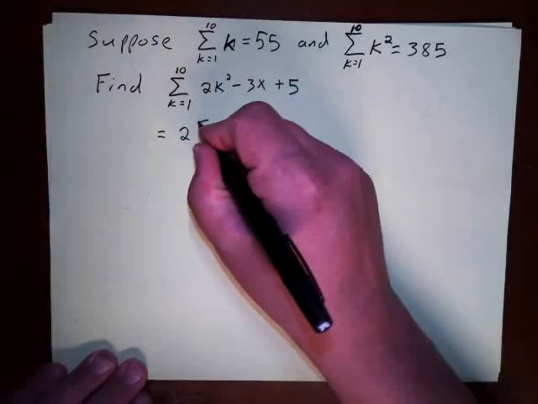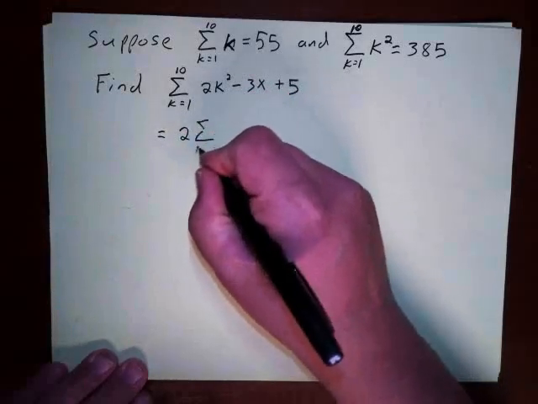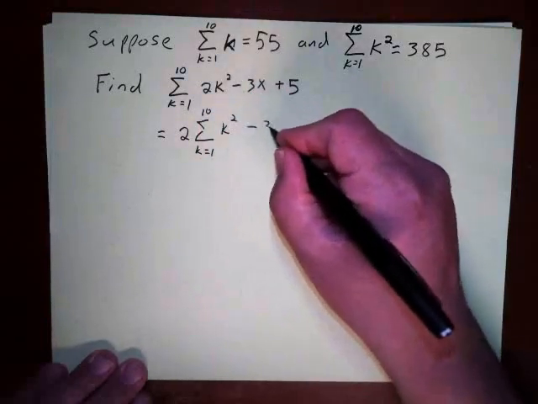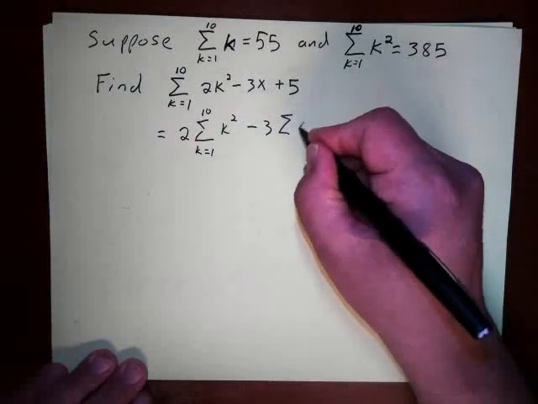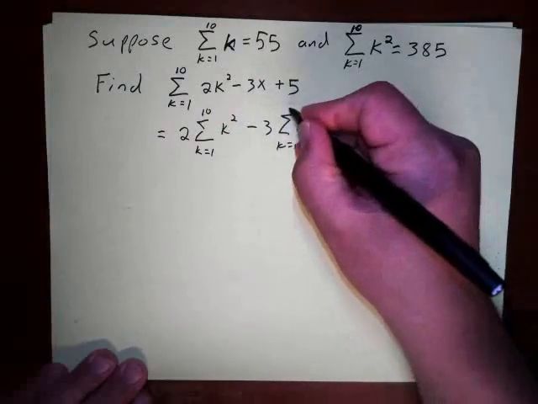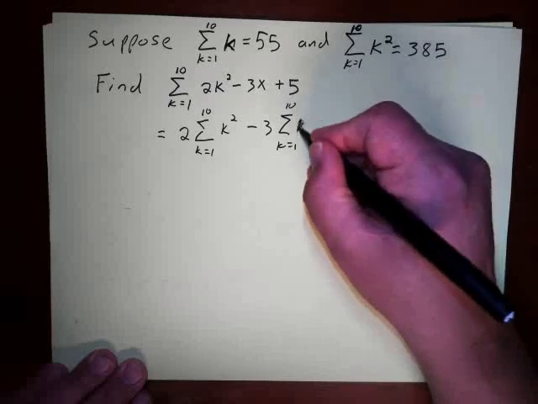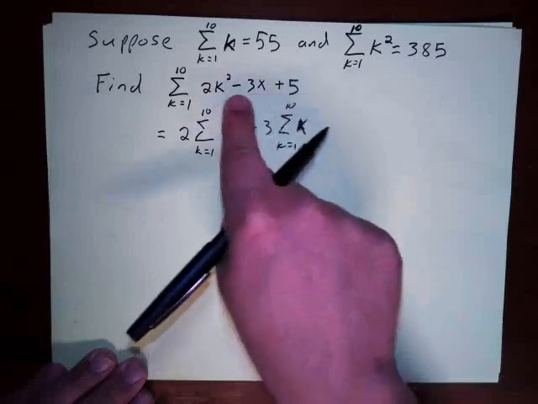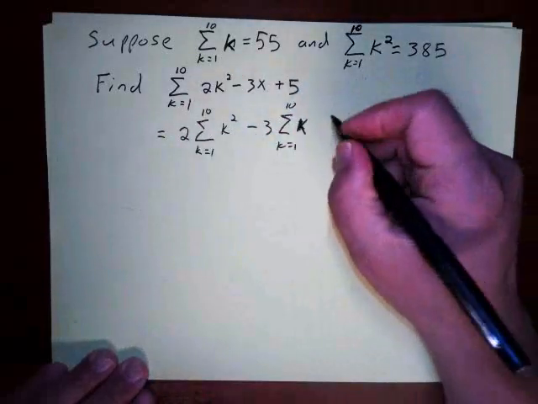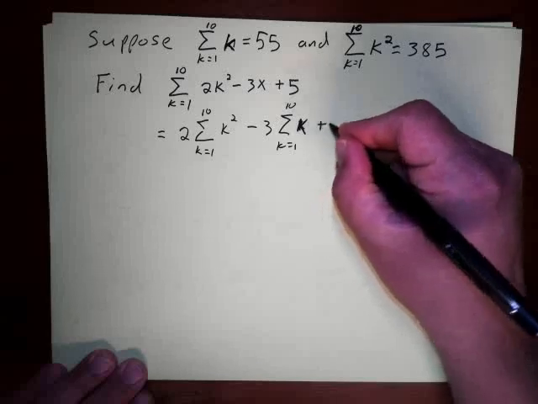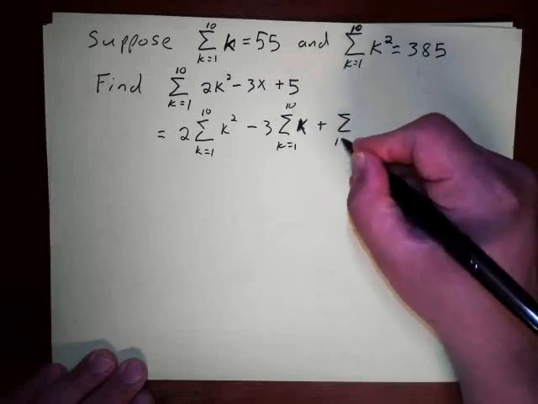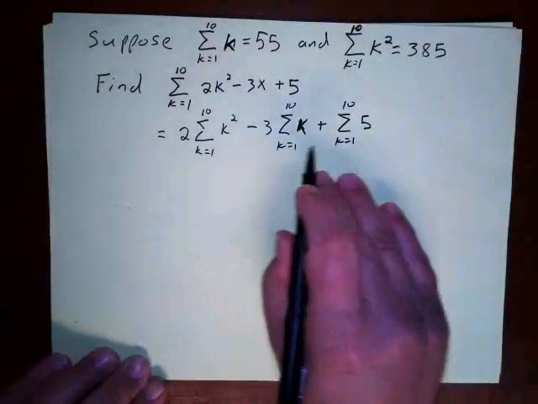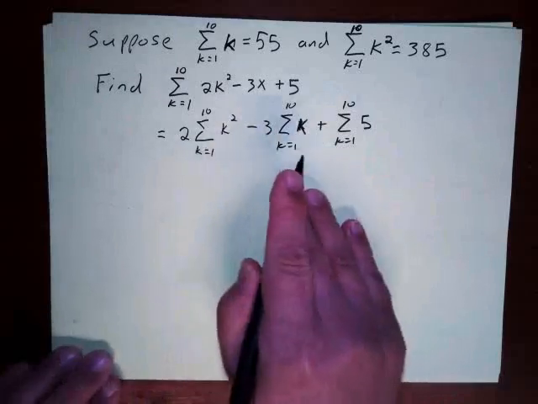So this thing here could be written as 2 times the sum from k equals 1 to 10 of k squared, minus 3 times the sum from k equals 1 to 10 of k, plus the sum from k equals 1 to 10 of 5. So I'm breaking this up over the sums and differences, and then I'm pulling the constant multiples out.